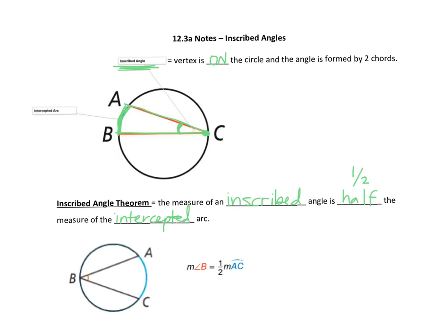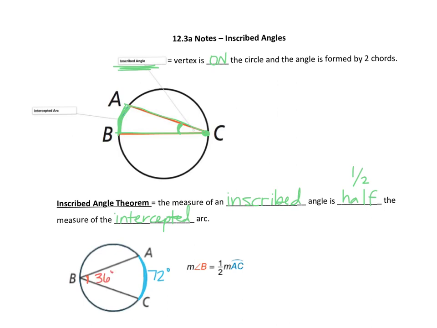What that means is if we're looking at this picture, the measure of angle B, this angle right here, will be half the measure of arc AC, which is right here. In other words, if I were to tell you that this was a 72-degree arc, then angle B is going to be half of that, and half of that would be 36 degrees.